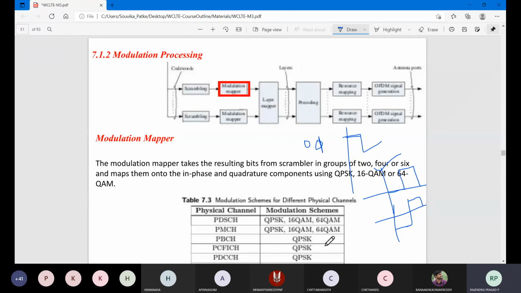Here we are speaking about PSK, phase shift keying. Phase shift keying means if 0 is there, it will be phase shifted to 1, and if 1 is there, it is phase shifted to 0. So these are the methods, and we call this the modulation mapper for the different channels present.